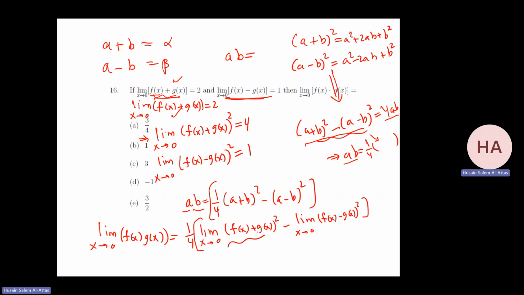This limit exists, and it's equal to 4. This limit exists, equal to 1. So what is my answer? 3 over 4. That will be the limit of the product. The idea comes from this relation.